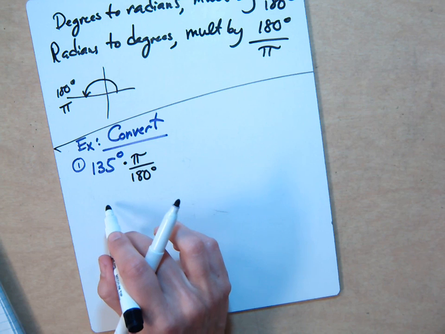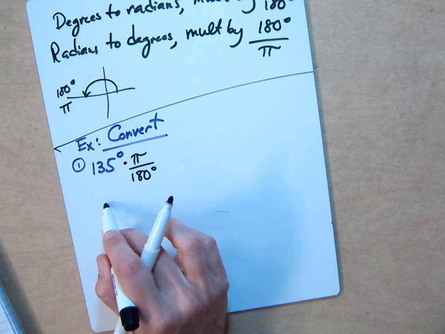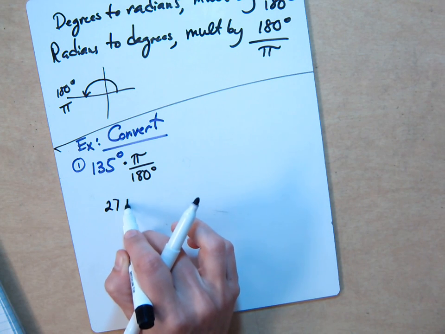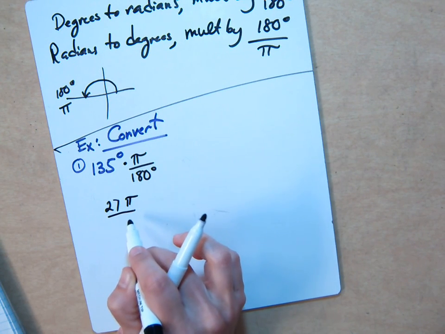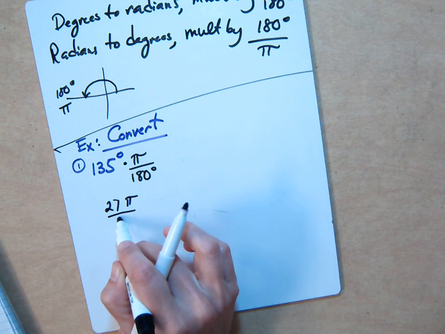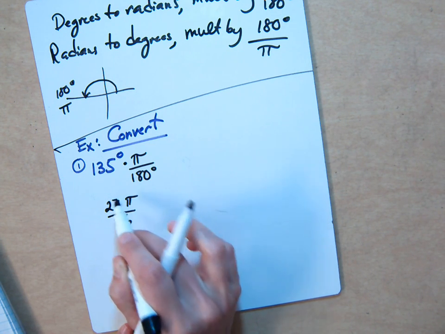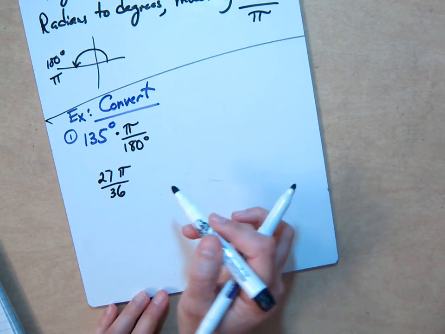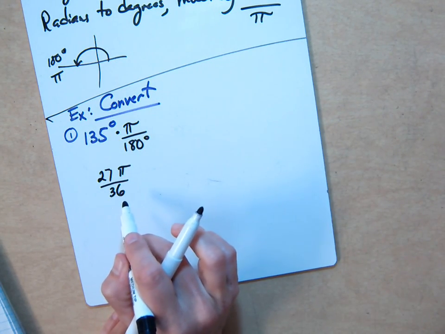So 5 goes in here 27 times, and 5 goes into here 36, correct me if I'm wrong. What else? Let's keep simplifying. What goes into 27 and 36, assuming that's right?